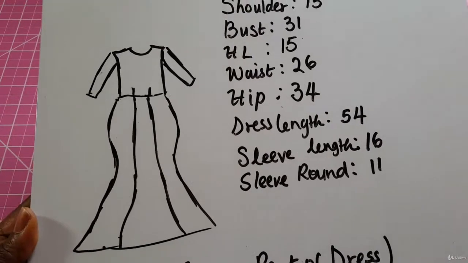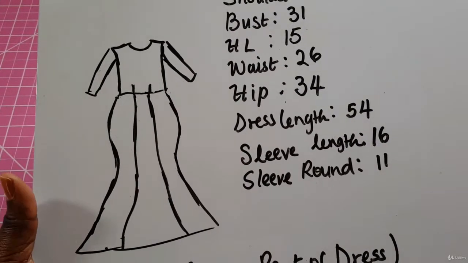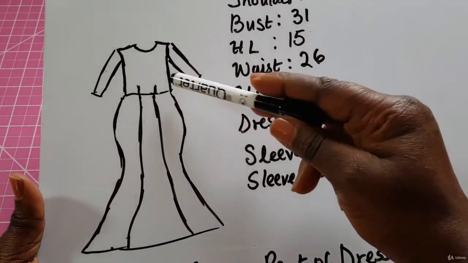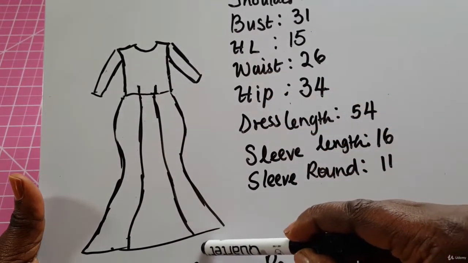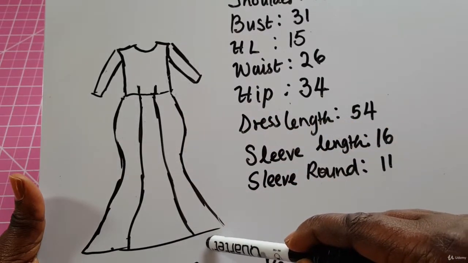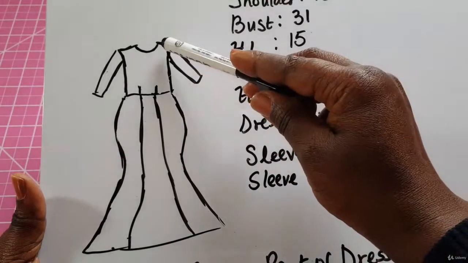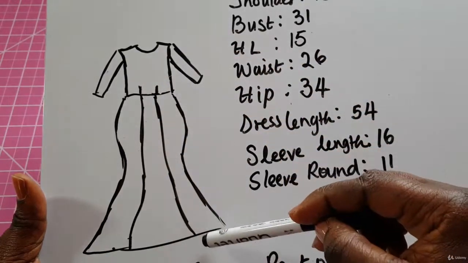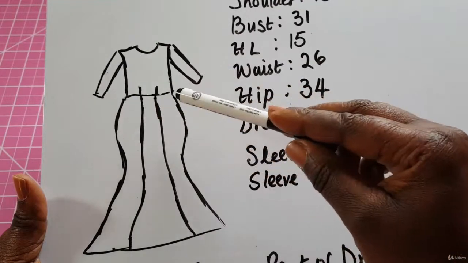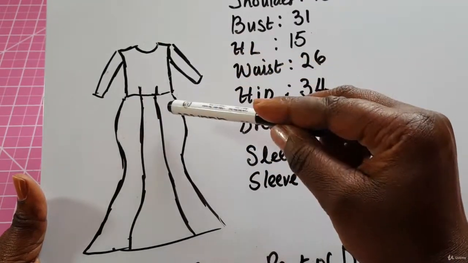Now, before we proceed, I'd like to describe what we're about to do when we start to cut by using this rough diagram. What we are attempting to do is to make a dress that will have a lower part that is in 6-piece. This lower part is just like cutting a 6-piece skirt, but the difference is we're making a dress. So the front part is going to be just plain.